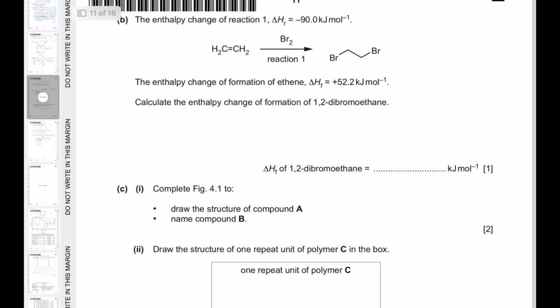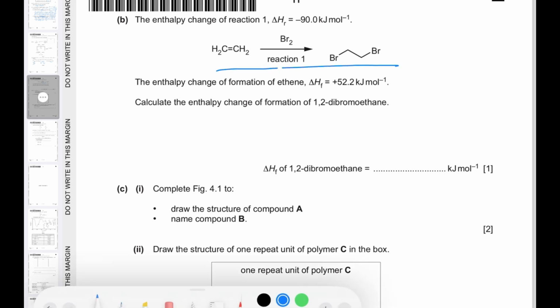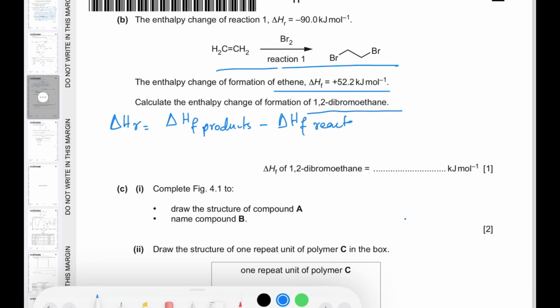B, the enthalpy change of reaction for reaction 1 is negative 90 kilojoule per mole. Where the enthalpy change of formation of ethene is provided, you are supposed to calculate the enthalpy change of formation of 1,2-dibromoethane. So the enthalpy change of a reaction is equal to enthalpy change of formation of the products minus that of the reactants.